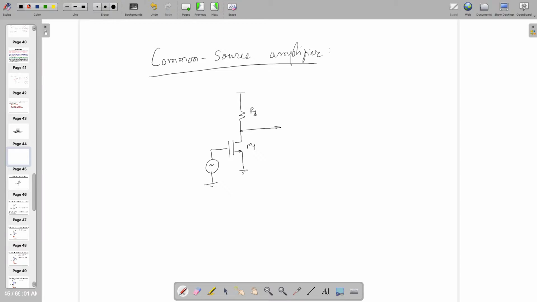What is the gain, by the way? What is the gain for this circuit?